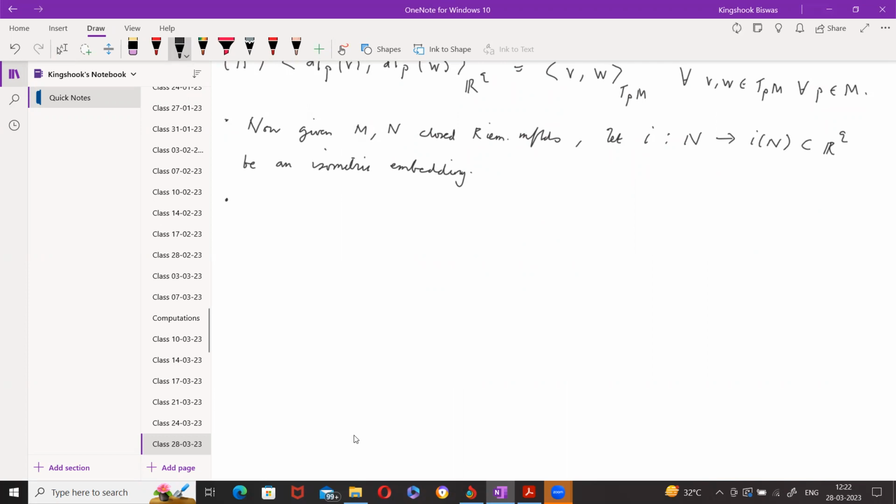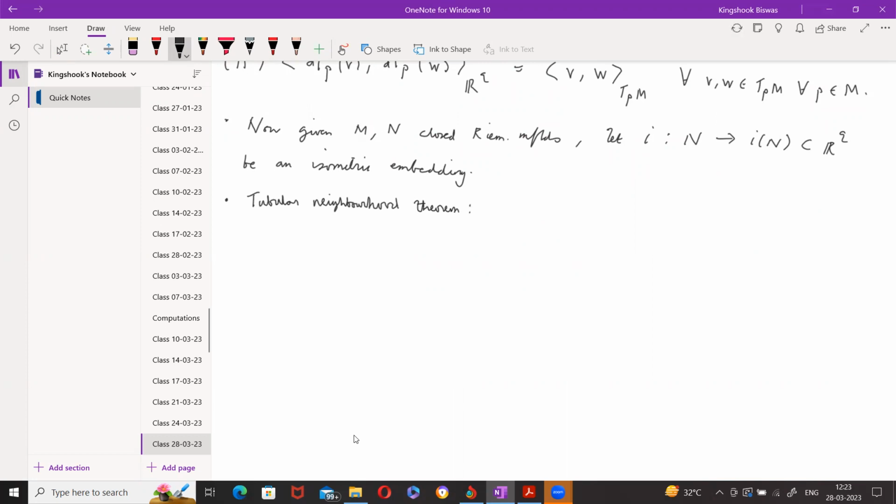So now we have what's called the tubular neighborhood theorem, which says the following.